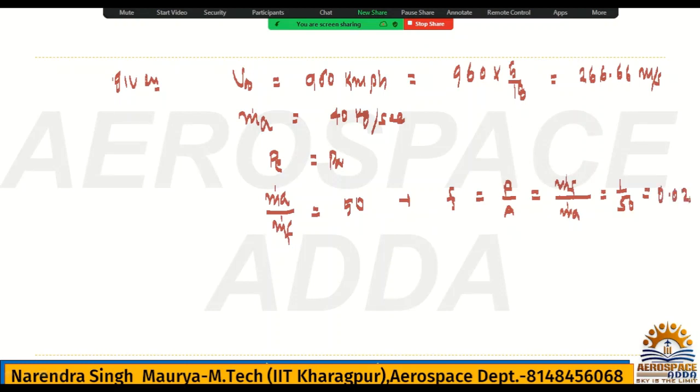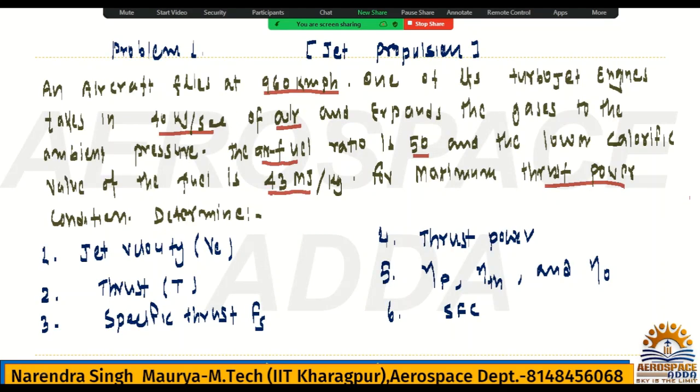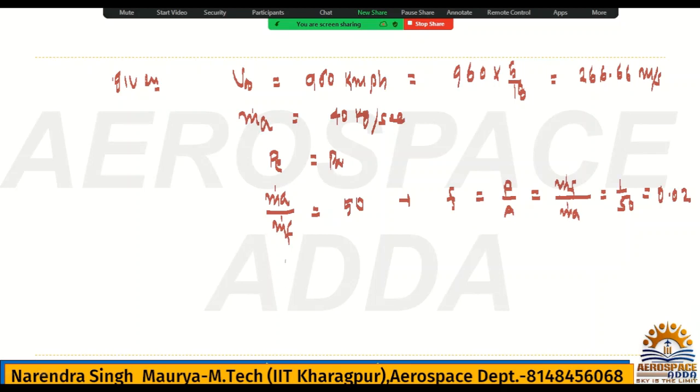So this is the value of small f. Okay. And HV is given how much? 43 megajoule per kg, the calorific value or heat value. All right.